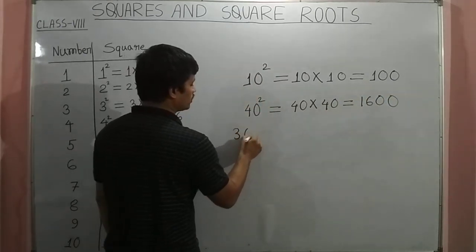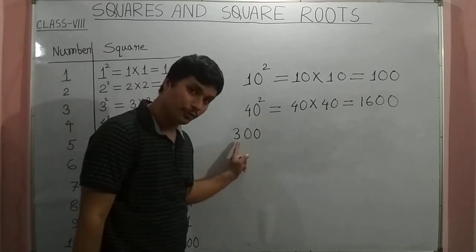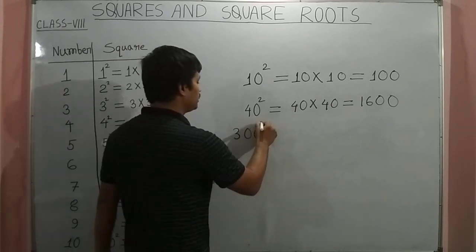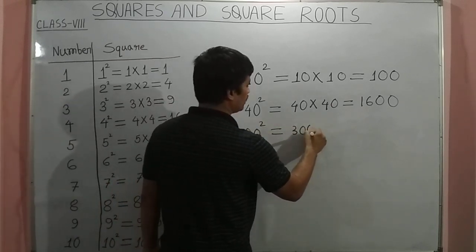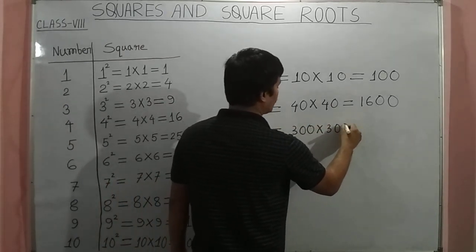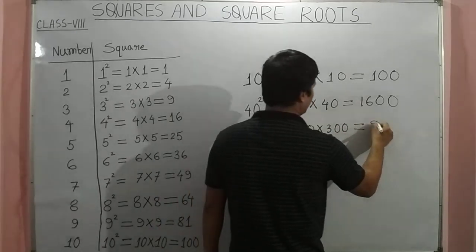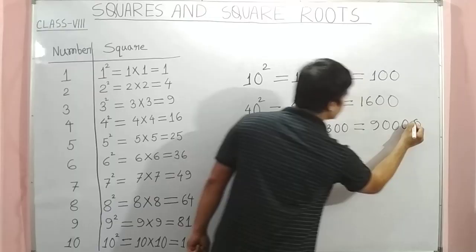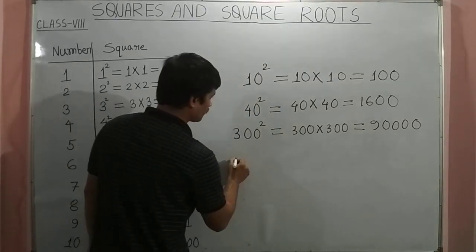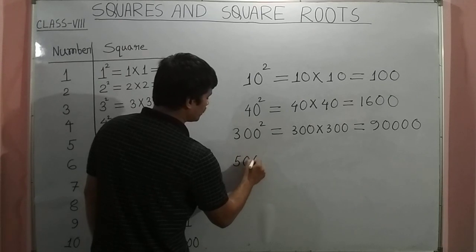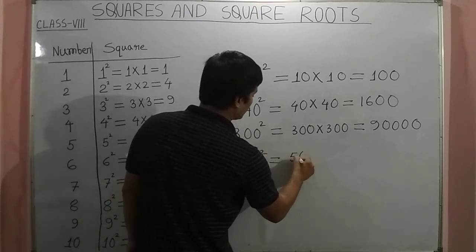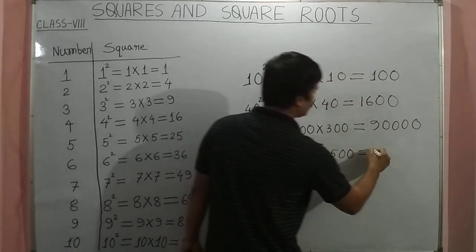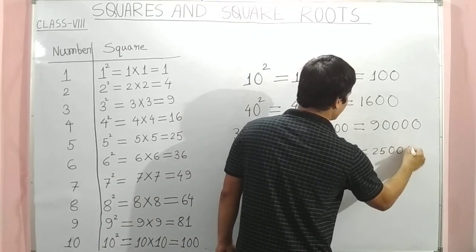If you want to find the square of 300, then 300 into 300 is 90,000. Again, 500 square, 500 into 500, is 250,000.